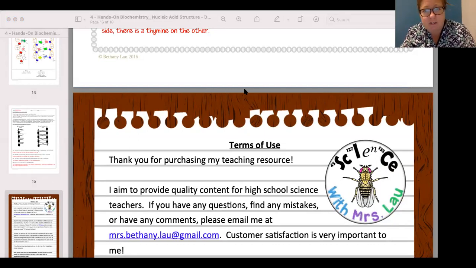Okay, so it says I'm sharing. I hope you can see this. I can upload it as well. But this is a review of everything we just did. So we have our proteins, we have our carbohydrates, we have our nucleic acids, and our lipids. And these are just some notes about each one that we just went over with our pipe cleaner, bead, paperclip activity. I'm also going to upload some homework.